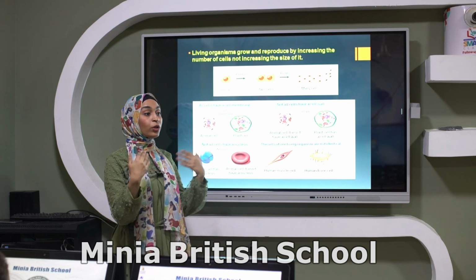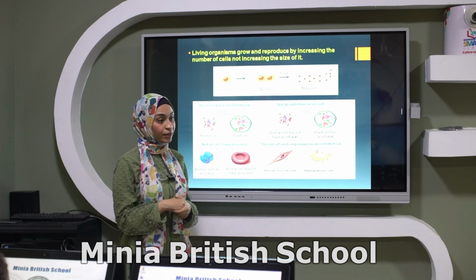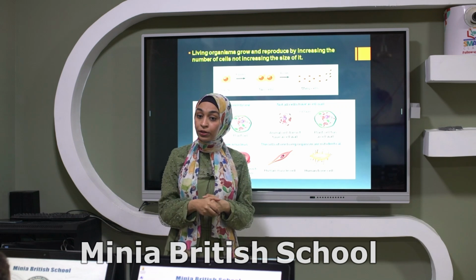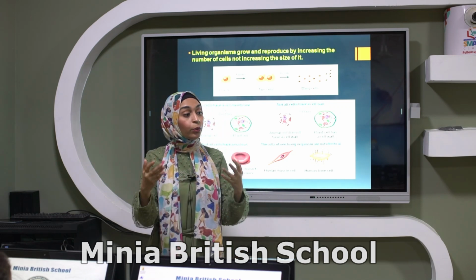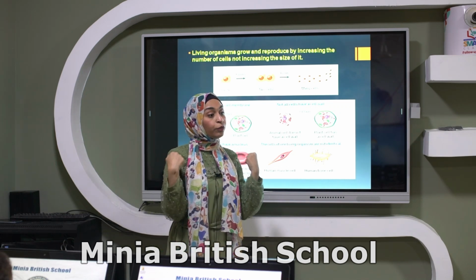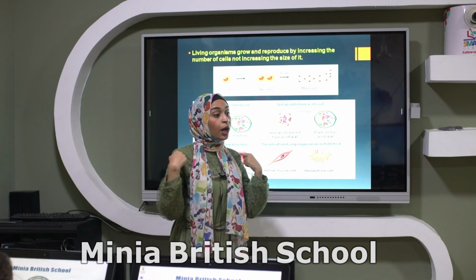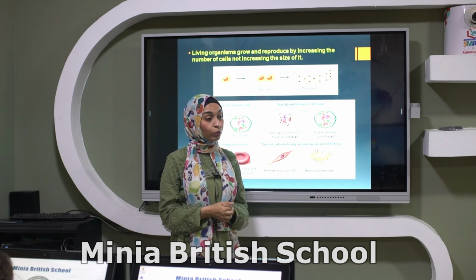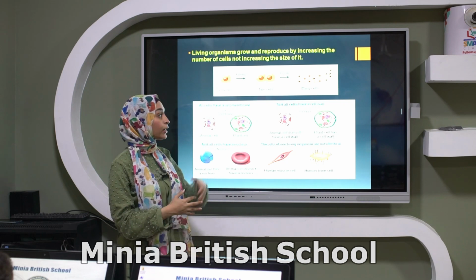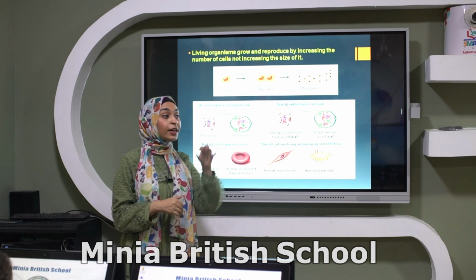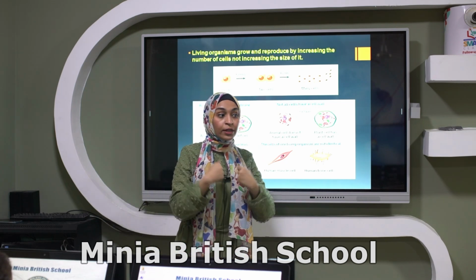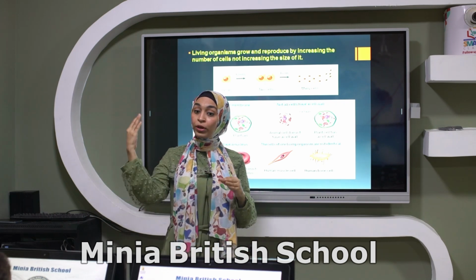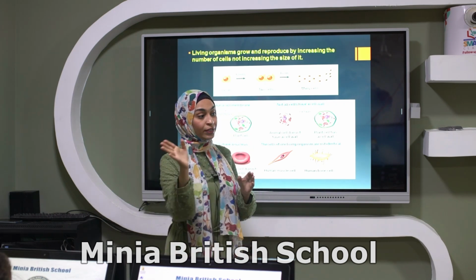Okay, let's talk about the components inside the cell. Like us, we can wear a jacket in the winter to protect us when the weather is cold. When I feel very cold, I want to wear a coat to protect myself. And the same thing for the cell. The cell needs a coat or a jacket to protect itself, to control what enters or leaves the cell.